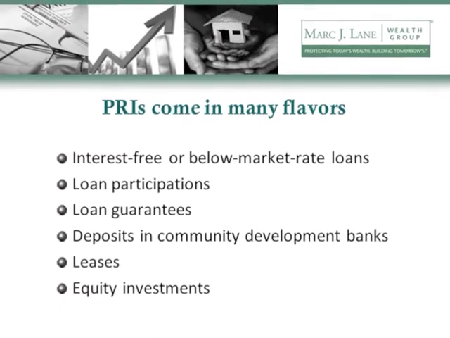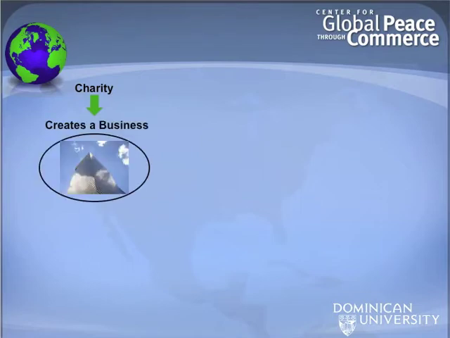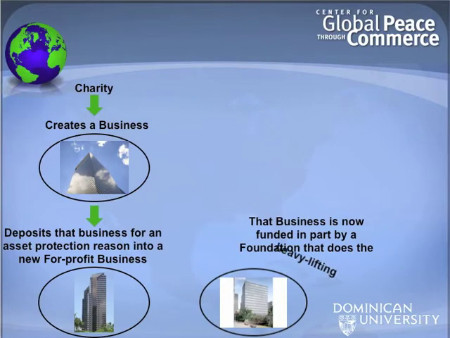So what we have is a situation where the charity creates a business, deposits that business for an asset protection reason into a new for-profit business. That business is now funded in part by a foundation that does the heavy lifting. It bears the financial risk.